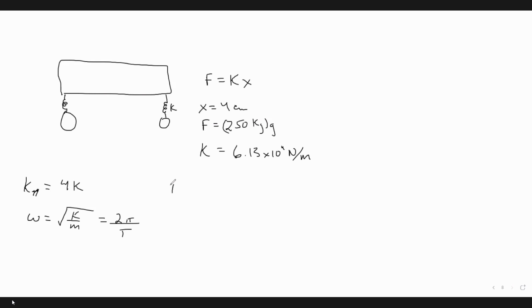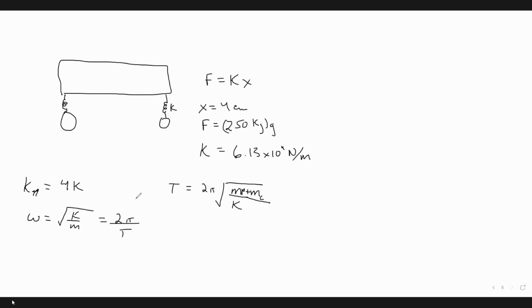So that means the period is equal to 2 pi times the square root of m over k. And this m is the mass of the passengers plus the mass of the empty car.